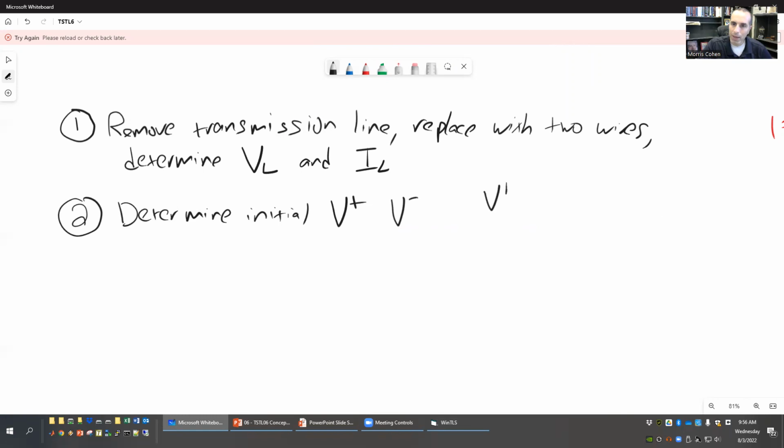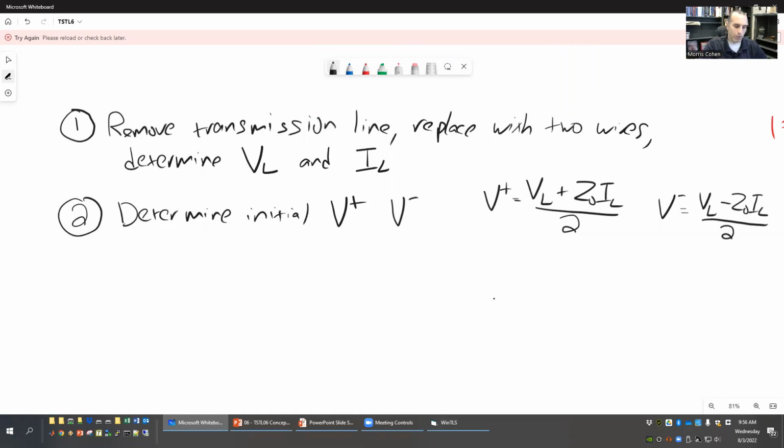Where again, V positive equals VL plus Z0 IL divided by 2. You will have figured out what VL and IL is in step 1, so just plug them in here. And V negative equals VL minus Z0 IL divided by 2.